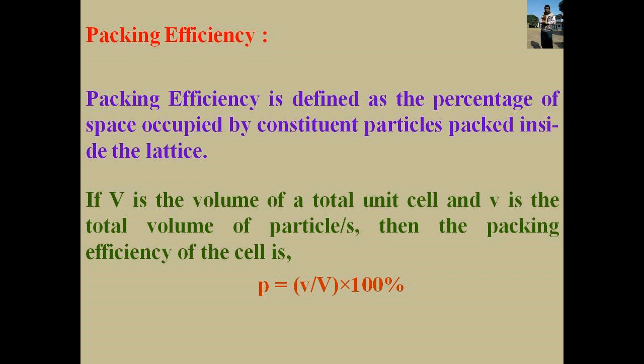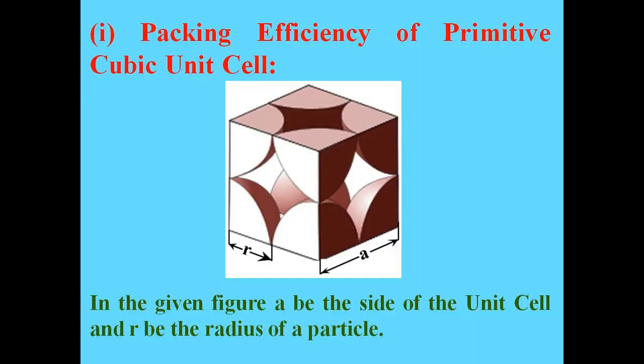If V be the volume of a unit cell and, considering spheres, the total volume of particles present in the cell is small v, then packing efficiency p = v/V × 100%. For a PC unit cell, let us consider the side of the cell is a and the radius of the particle, considered as a sphere, is r.